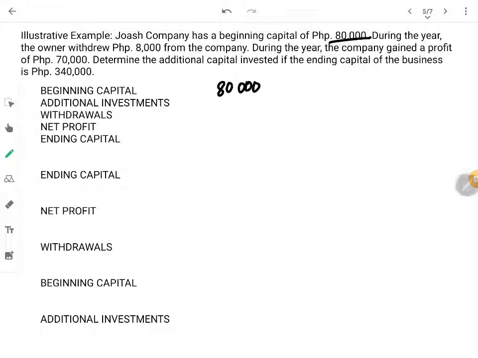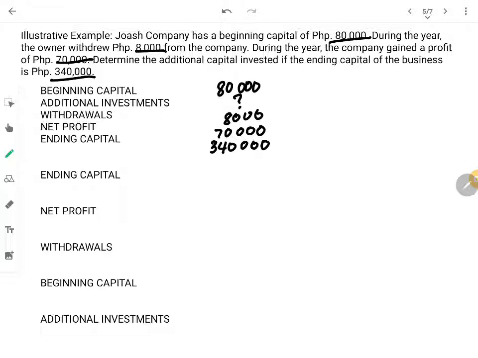So, question mark. And then withdrawals, that is 8,000. And then net profit, 70,000. And then ending capital is 340,000. So, yan yung mga given natin.